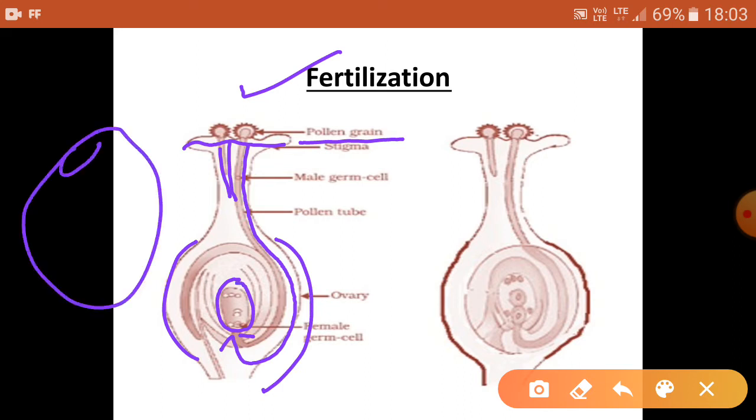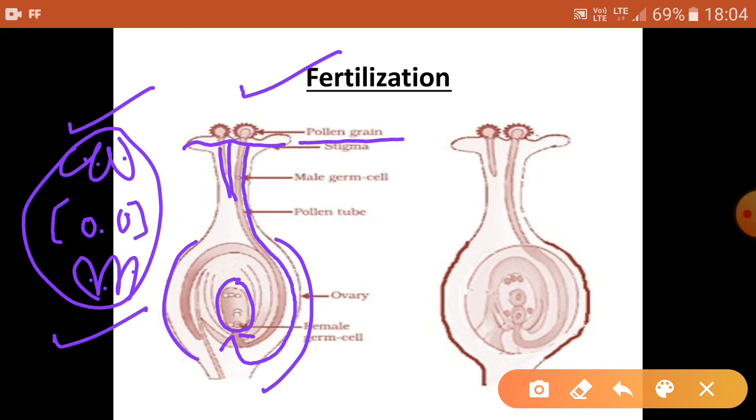It looks like this: it has 3 cells here, 2 cells in the middle, and 3 cells here. So, the anterior part has 3 cells, the posterior part has 3 cells, and in the middle there are 2 cells. This is how the egg cell, or the ovum, looks basically.